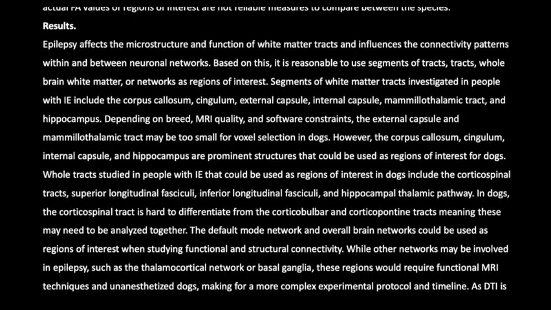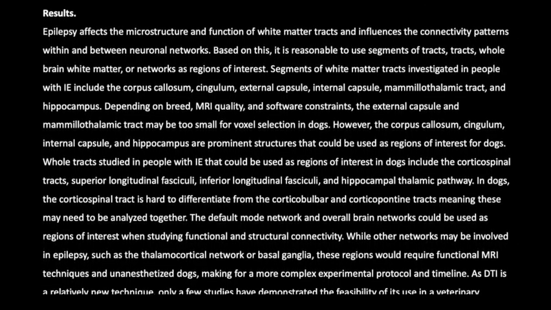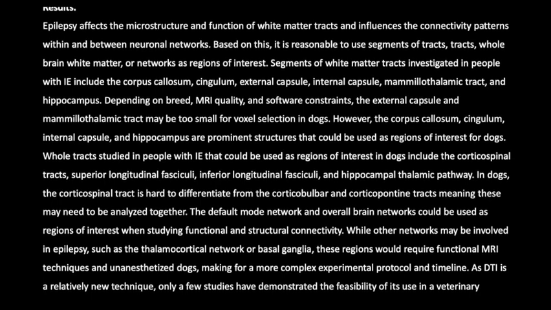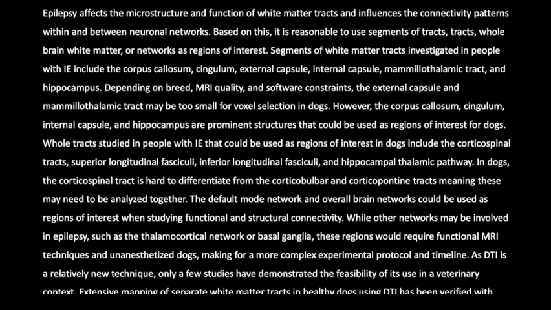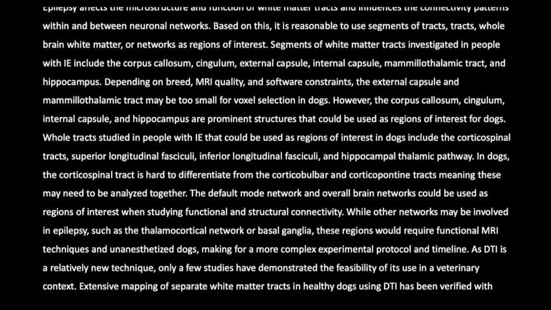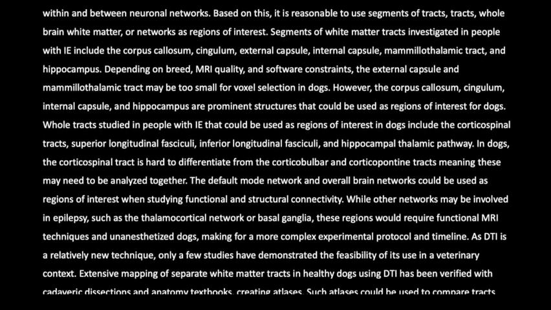Depending on breed, MRI quality, and software constraints, the external capsule and mammillothalamic tract may be too small for voxel selection in dogs. However, the corpus callosum, cingulum, internal capsule, and hippocampus are prominent structures that could be used as regions of interest for dogs.